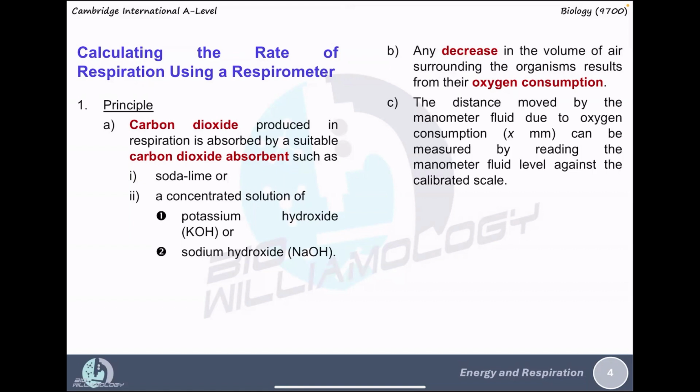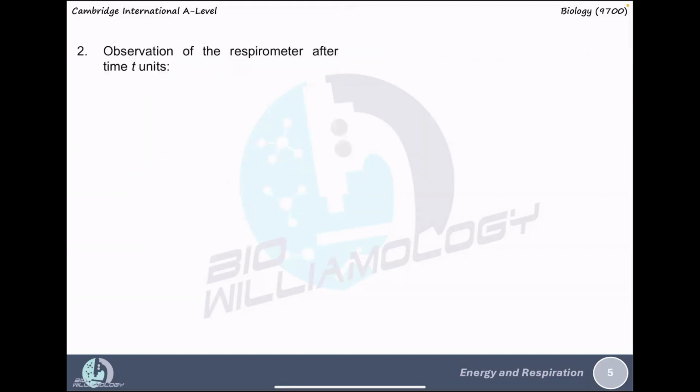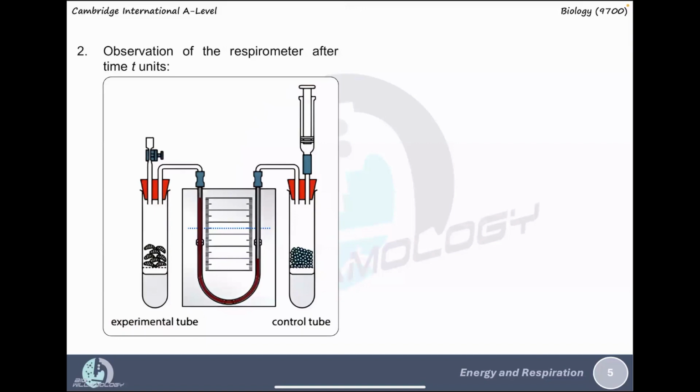We can measure the distance moved by the manometer fluids due to the oxygen consumption, and this distance is denoted by X millimeter. We can measure it by reading the manometer fluid level against a calibrated scale. For example, in this case, after T units of time, you can see that there is an increase in the level of the manometer fluids.